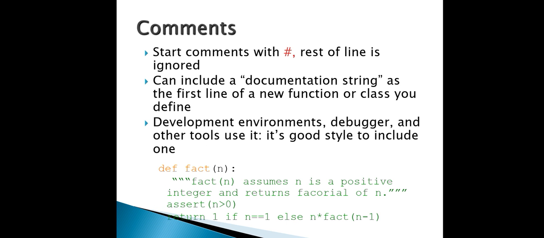So, my dear friends, comments. How to write comment lines in Python programs. Start comments with hash. The rest of the line is ignored. You can include documentation strings as the first line of a new function or class you define.